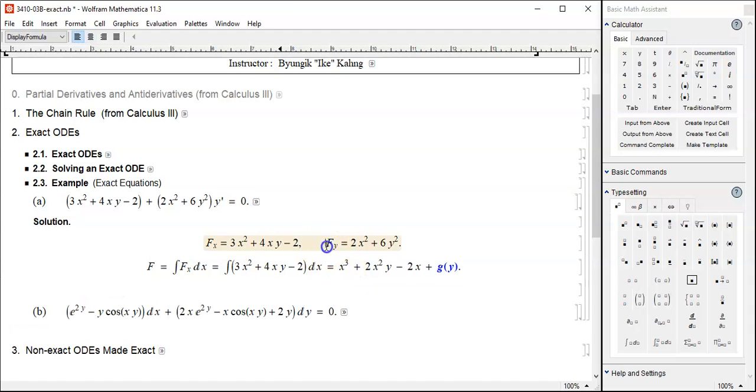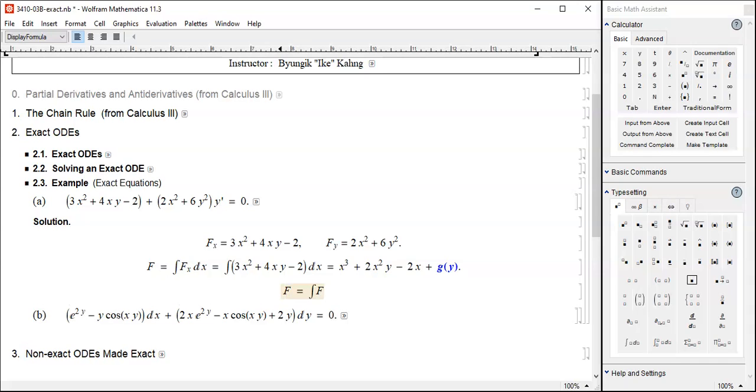Now we have another partial derivative here, so let's use that. F is equal to antiderivative of f sub y dy. So that's antiderivative of this. Okay, what is the antiderivative of 2x squared?